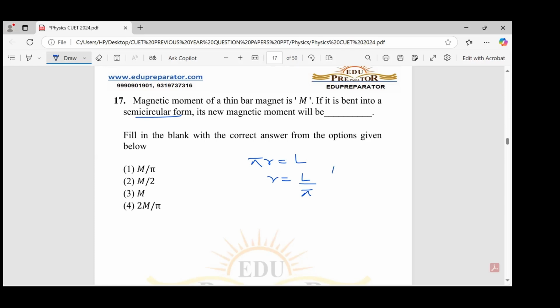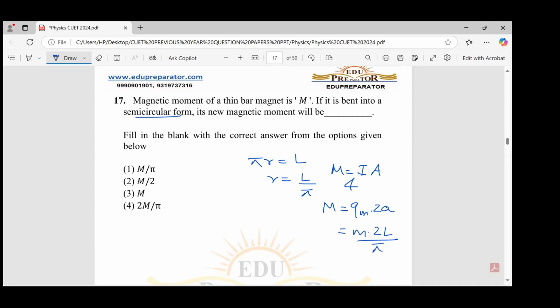You know what magnetic moment is? Magnetic moment is current into area, right? And we also have another relation: magnetic moment is equal to pole strength into distance between the poles, right? So we have this as the answer, M into 2L by pi, right?